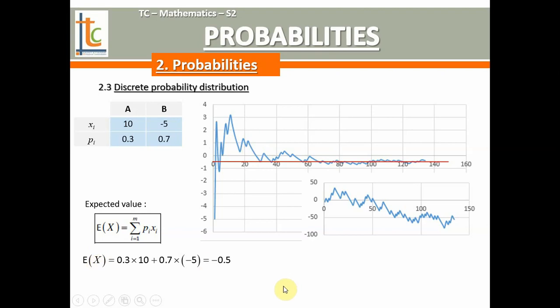And yes, you can see that your simulations, or my simulation, shows a gain that tends to negative 0.5 euros. After 100 trials, this value is very close to negative 0.5.